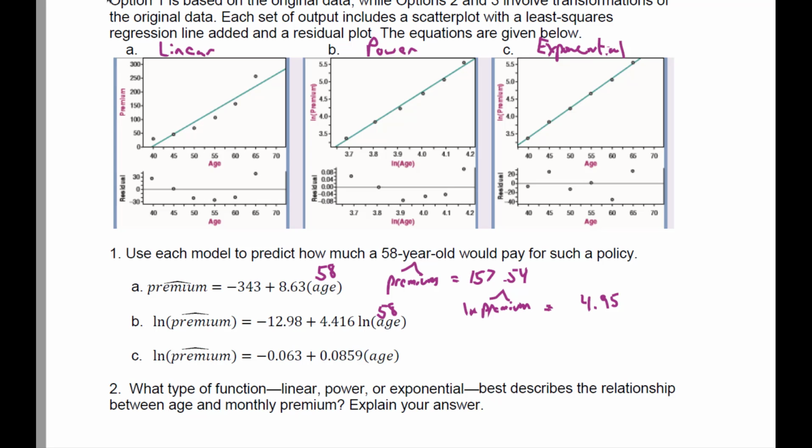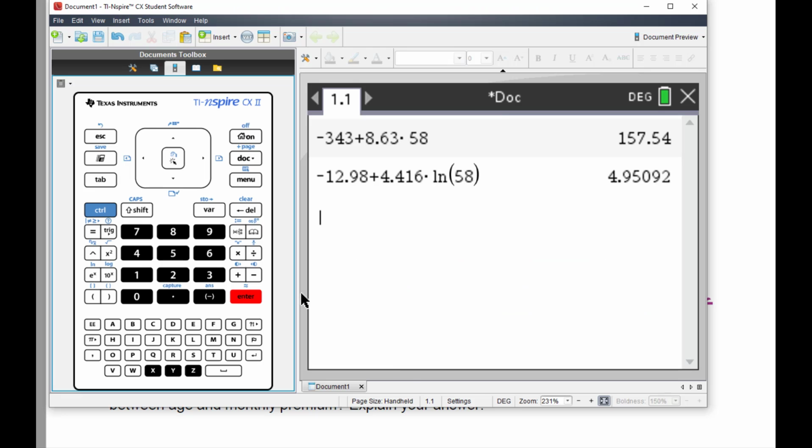So let's do that. Our solution then would be our premium. If we take e to the power of 4.95, it comes out to 141.175. Well, I want to simply say it's 141.18, right?